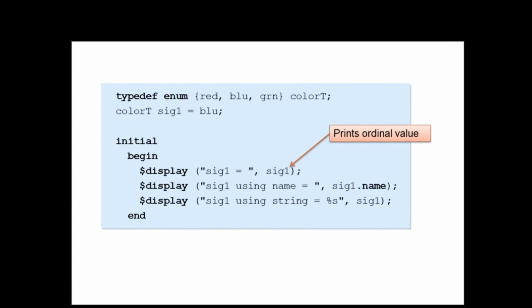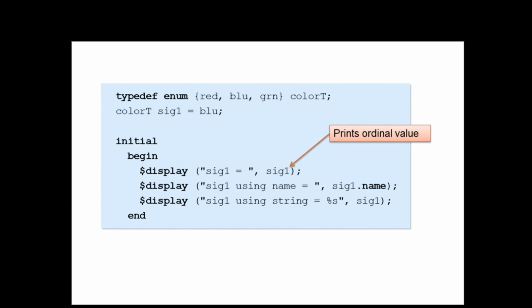Effectively, what numeric value does this value represent, as opposed to what you would like to see, of course, which is the actual enumerated type value. So the way you can do that is you basically say sig1.name, and since sig1 is of enumerated type, it'll actually get the value converted into the enumerated type, and then you'll be able to see it actually printed out as red, green, blue.